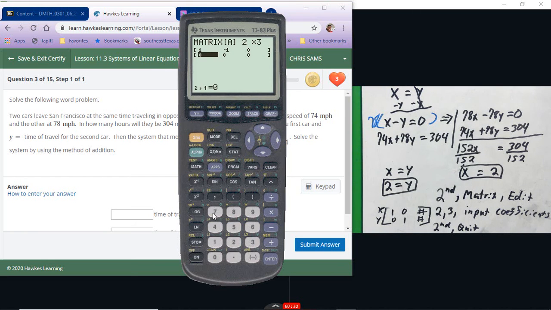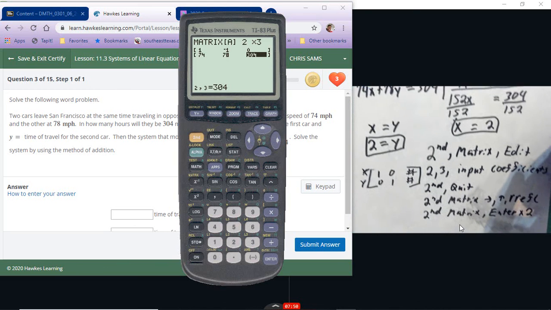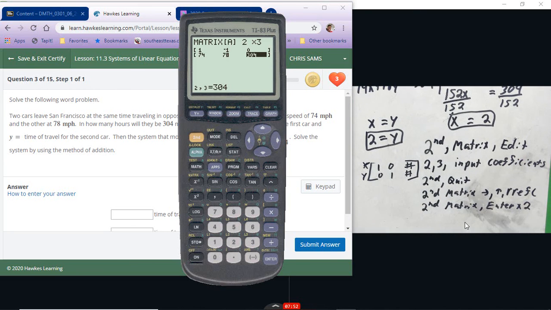And then 74, 78, and 304. All right, once you get it all input, we're going to go second quit. So this is where we are in our list of directions. Right here on second quit.